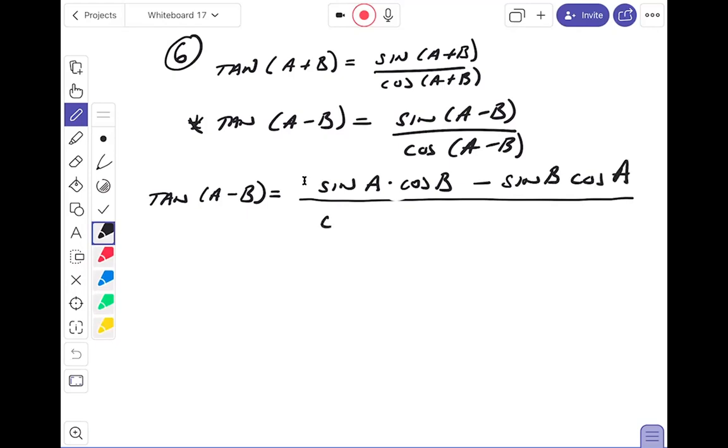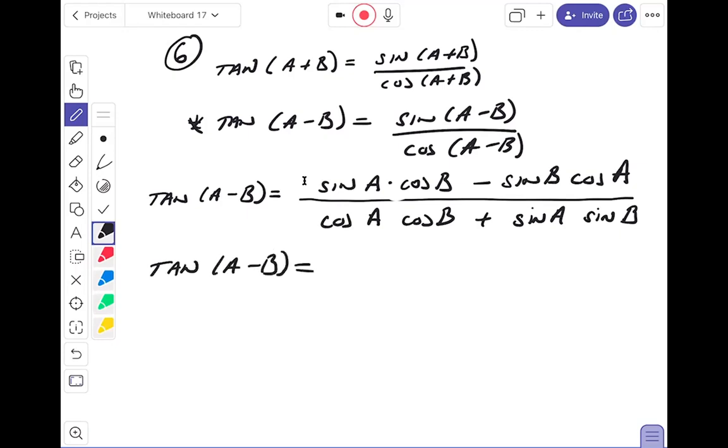Let's go to the bottom. Cosine a cosine b plus sine a sine b. Now, I realize what some students argue. They're going to say, I think it's easier to memorize things than to be able to do things in a reasoning skill set. And I'm not going to deny it. It's much easier if you can memorize.